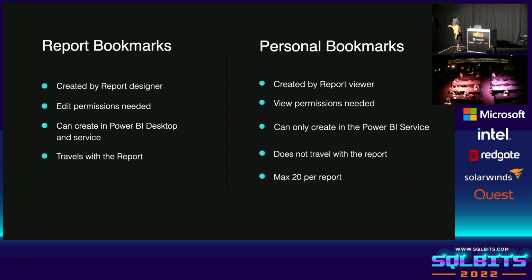To create report bookmarks, you need edit permissions. You either need Power BI Desktop to create a Power BI Desktop file, or you need edit permissions to create them in the Power BI service. On the other hand, for personal bookmarks, you just need view permissions. If you can view the report, you can create personal bookmarks.